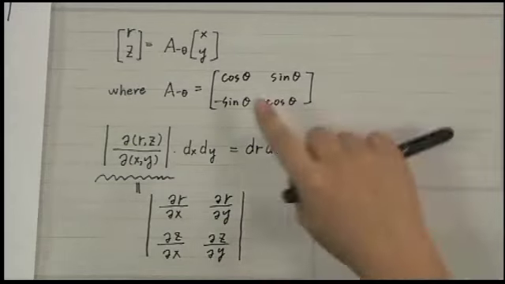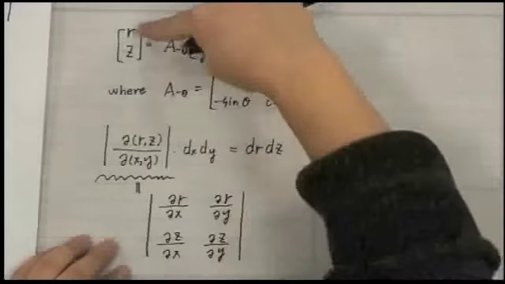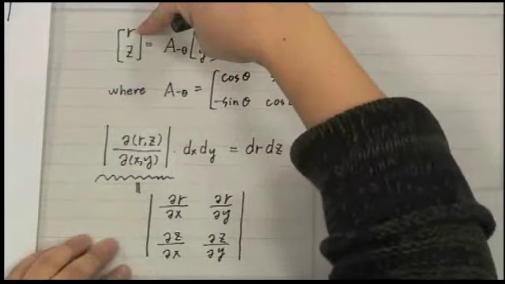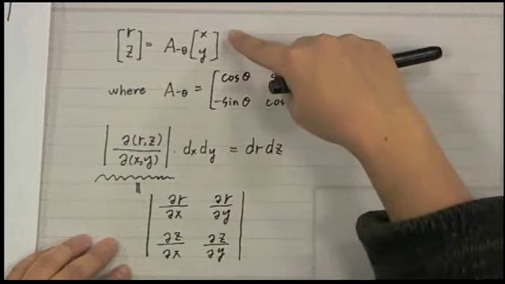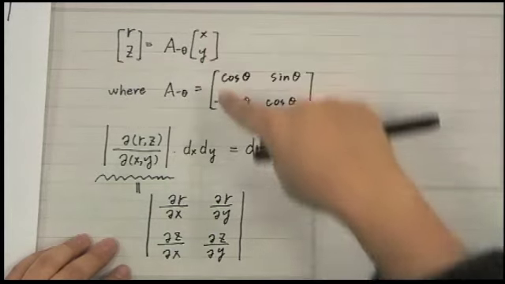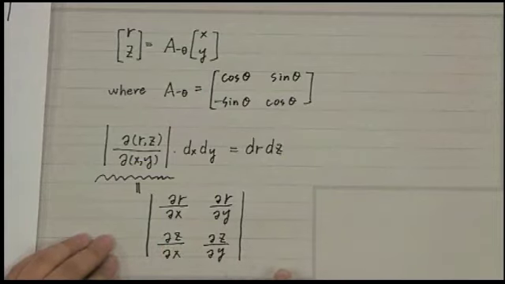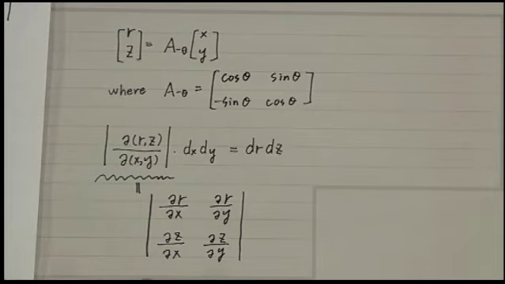And then actually, because we already know this matrix, R and Z can be expressed as a function of X and Y here. So we just need to take a derivative here. Then we can get a very simple equation.